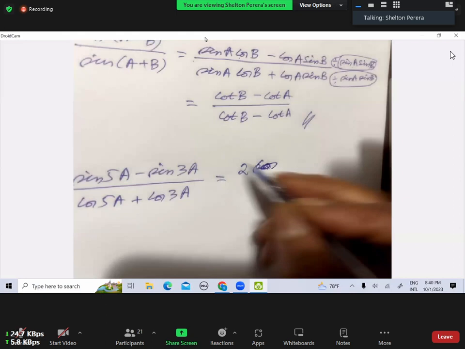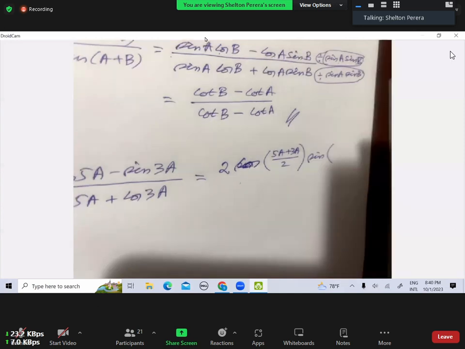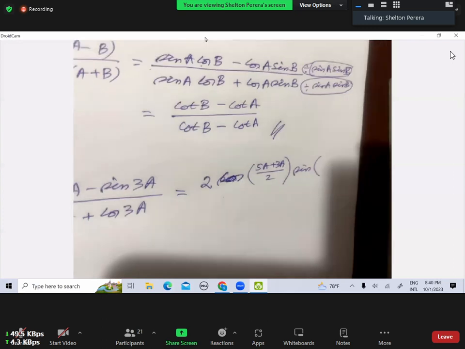You will be given a formula: sin A minus sin B is 2 cos A plus B over 2 sin A minus B over 2. So 5A minus 3A over cos 5A plus 3A over 2.